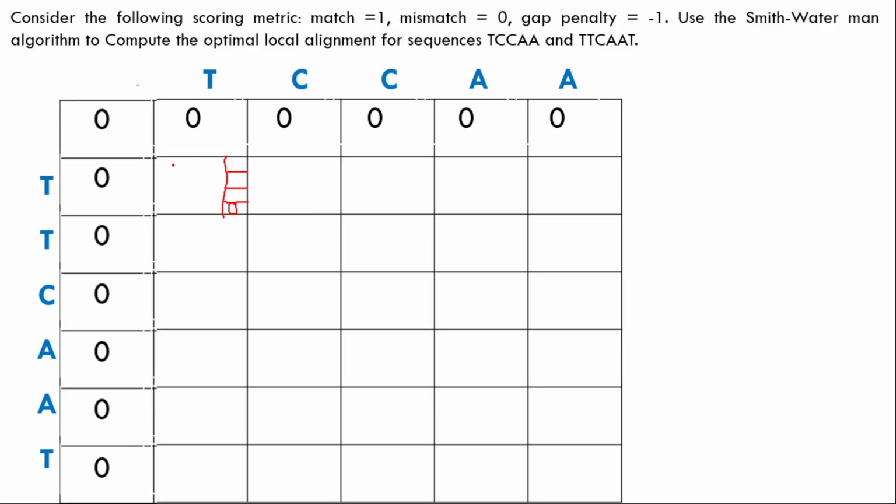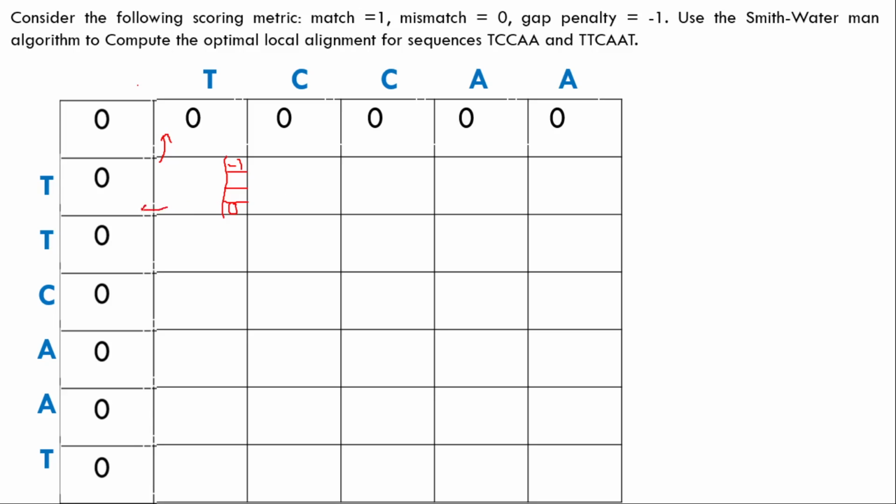Now what you can do, first make the practice, you can go upside. Once you go upside, in the upside score, you can add the value of gap penalty, right? Just like the Needleman-Wunsch algorithm. So 0 and -1 will be how much? It is -1. Okay, all right. Now you have to move just left side.